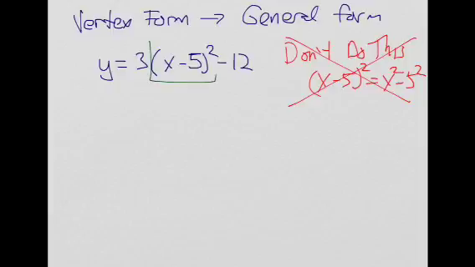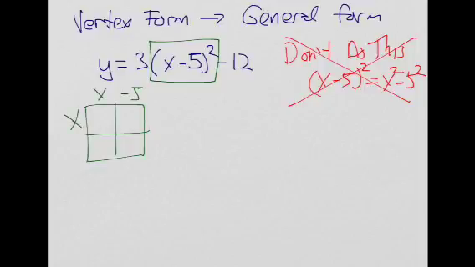So my first step, order of operations, I first take care of my squares. So to do my x minus 5 squared, I will make my square that has each side as x minus 5 and multiply this out. X squared, negative 5x, negative 5x, 25.